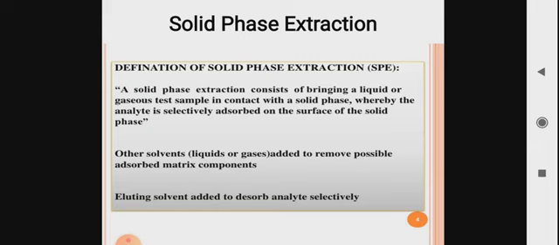In short, the analyte of our interest is isolated using a cartridge or column for the separation purpose. That analyte is adsorbed on the adsorbent and then separated out using a separate solvent.